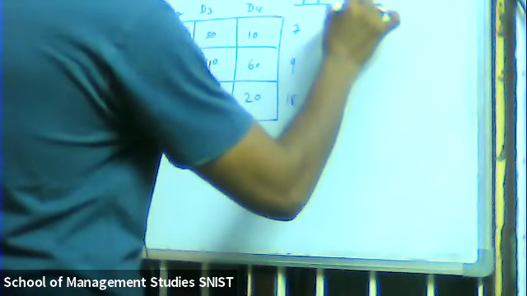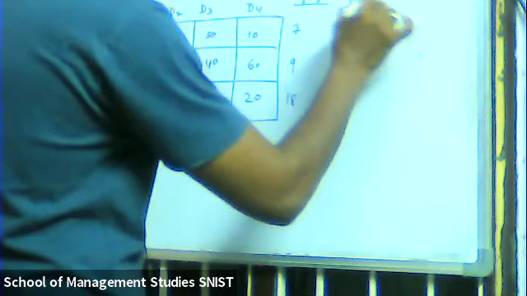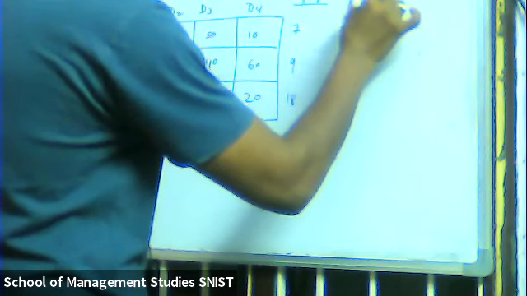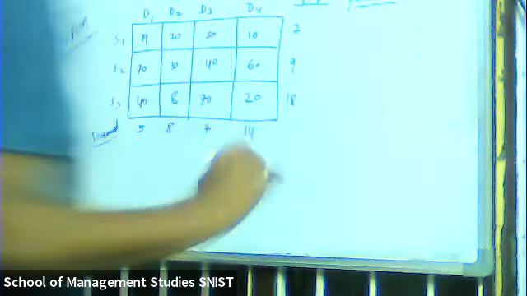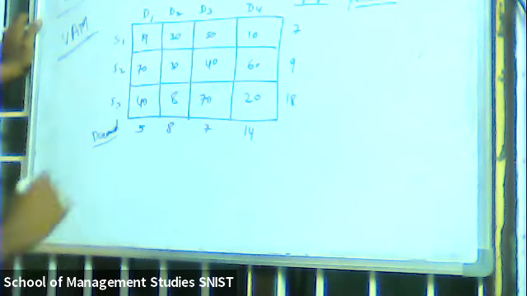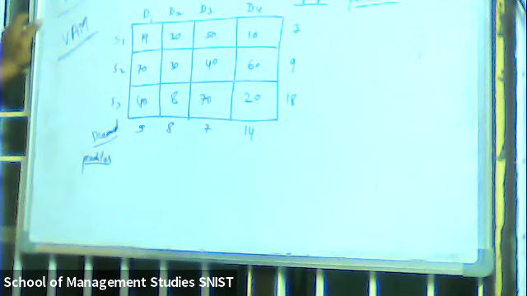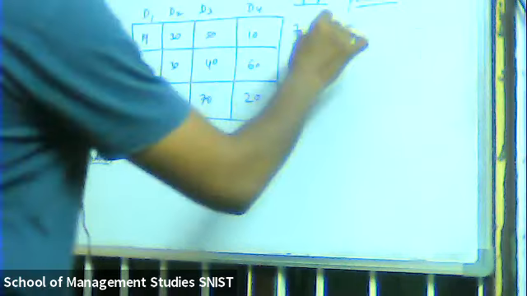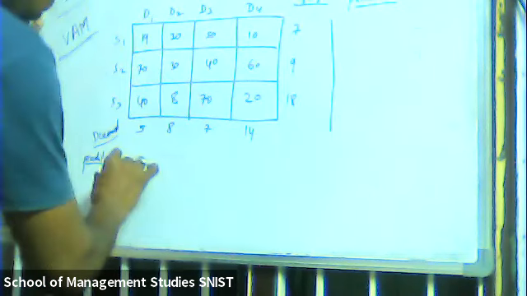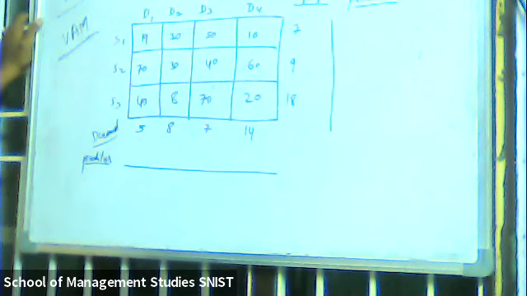We have to find out penalties. How to find out penalties? So the first step in VAM, Vogel's approximation method.